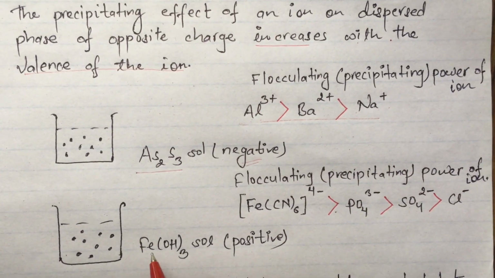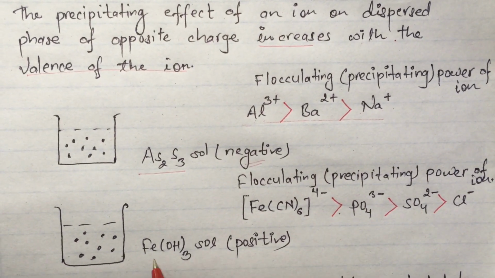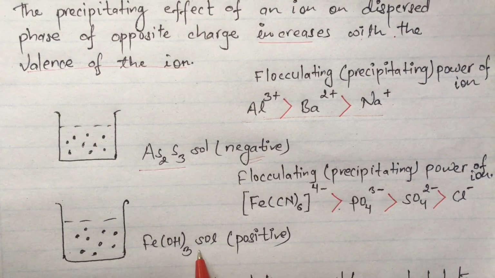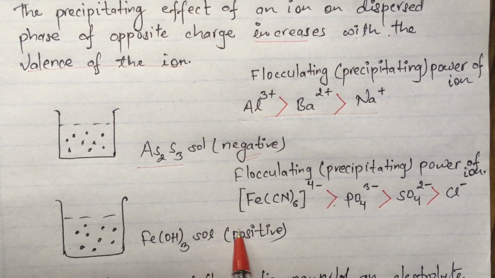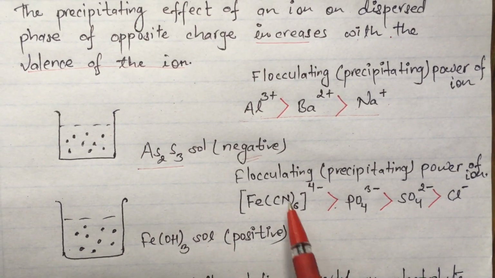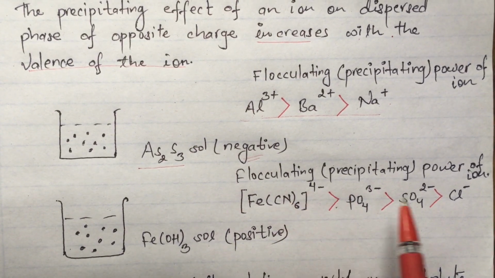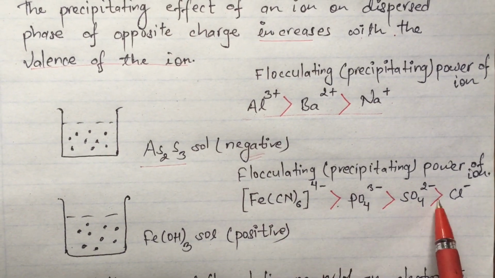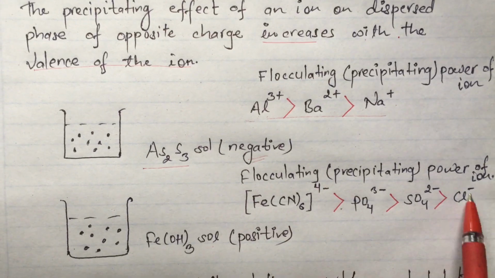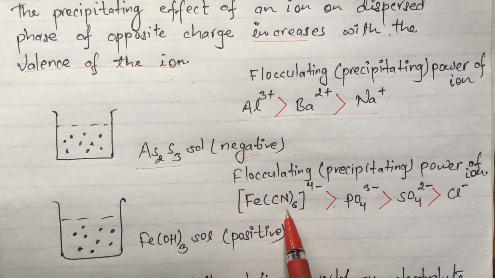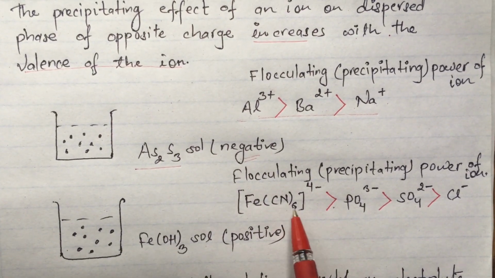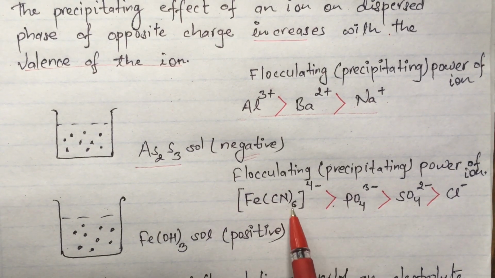Similarly, we have another example of a positive sol, that is ferric hydroxide sol. In the coagulation of positive sol, the flocculating power of the ions is in the order of like this. The higher the valency, the higher the flocculating power of these ions.